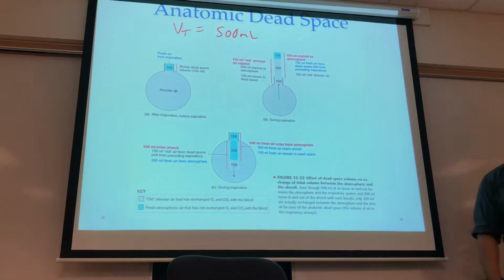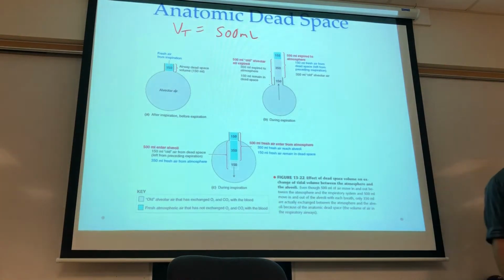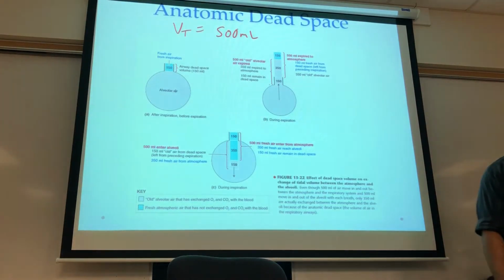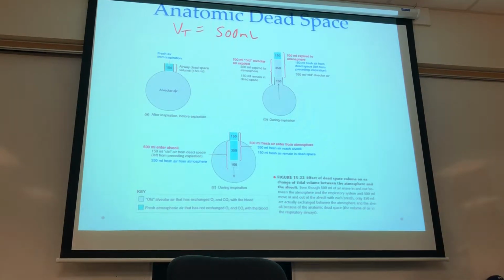This is where you're going to see mixing of fresh air with stale air. And there's a purpose behind this, because that stale air is there for the purpose of keeping the airways open, but that mixing is also going to be physiologically relevant. So we'll be able to see what's going to happen in terms of the partial pressures, the concentration of O2 and CO2 as it mixes with that old air. And I'll bring that up toward the tail end of today.